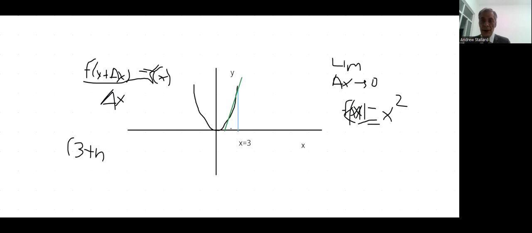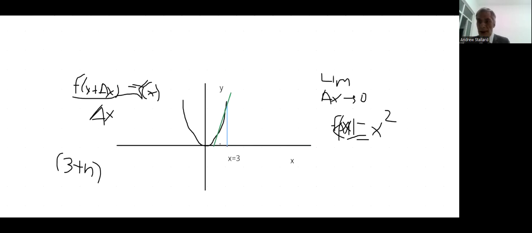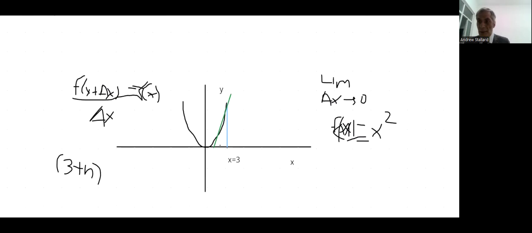I'm going to make delta x equal h, so it's easier to write. Okay, 3 plus h squared minus 3 squared all over h. We have to take the limit as h approaches 0.